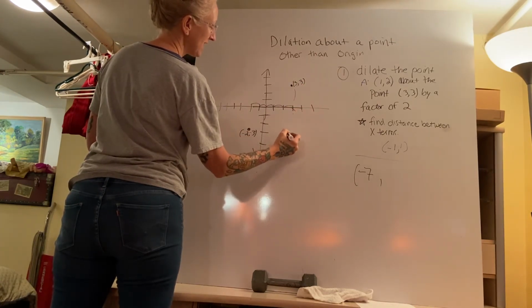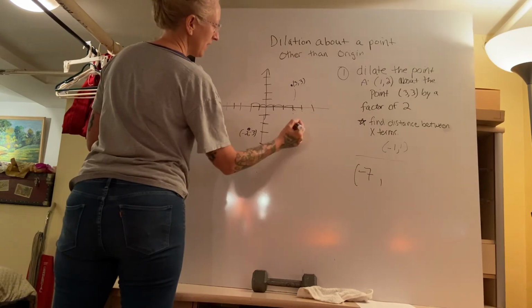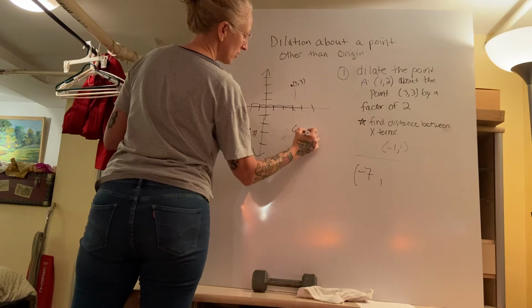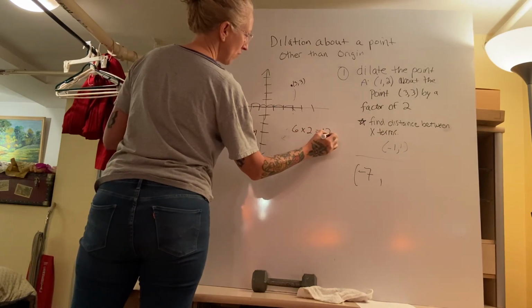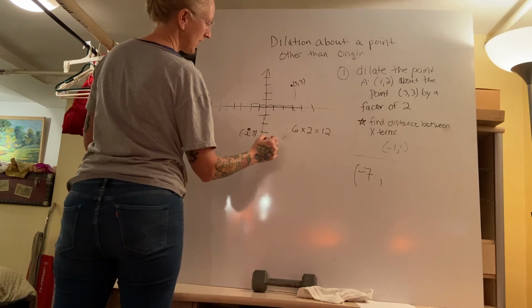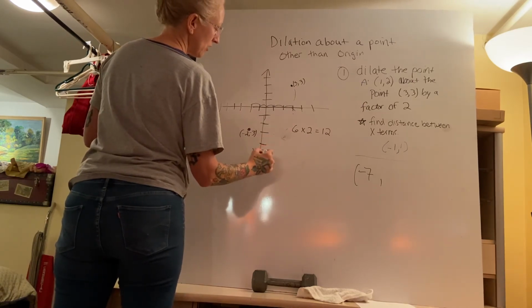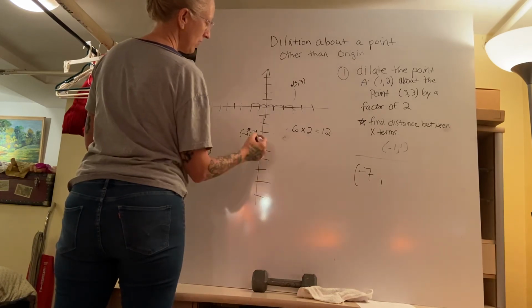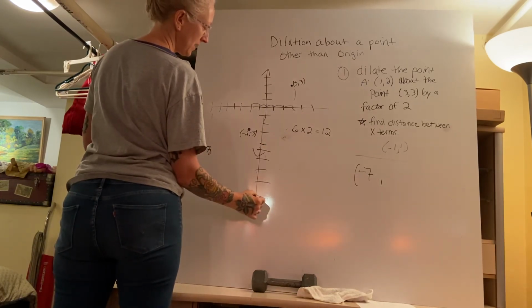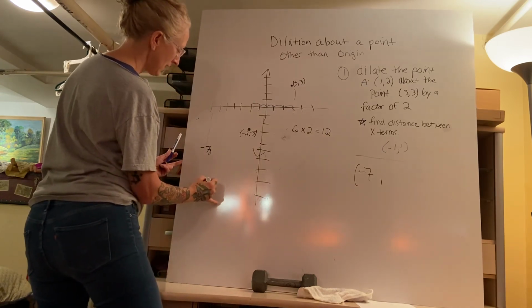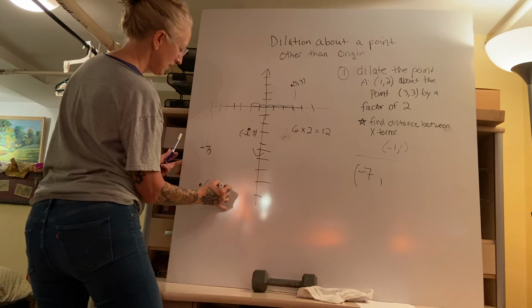So that's a distance of 6, right? 6 times our factor of 2 is 12. So I have to go down 6 and then another 6: 1, 2, 3, 4, 5, 6. So -3 and another 6 is going to be -9. So our new point is (-7, -9).